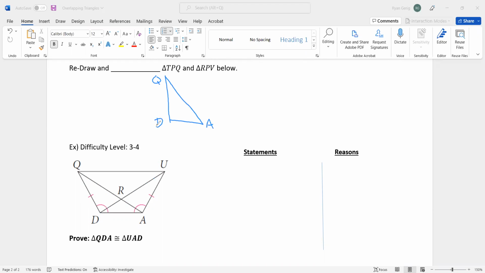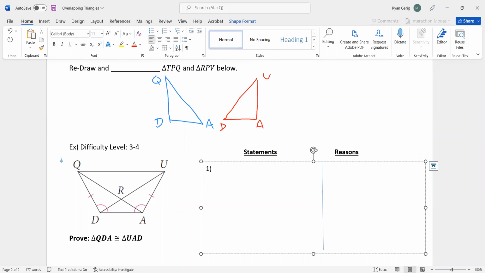And then I'm going to redraw in red UDA. Notice I'm not marking anything yet. There are things there, but I'm going to put them in my proof first. All right, so I'm going to go ahead and jump into the proof.